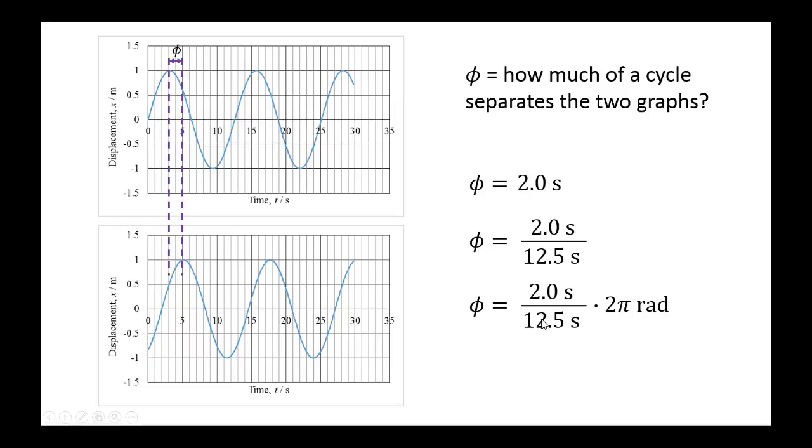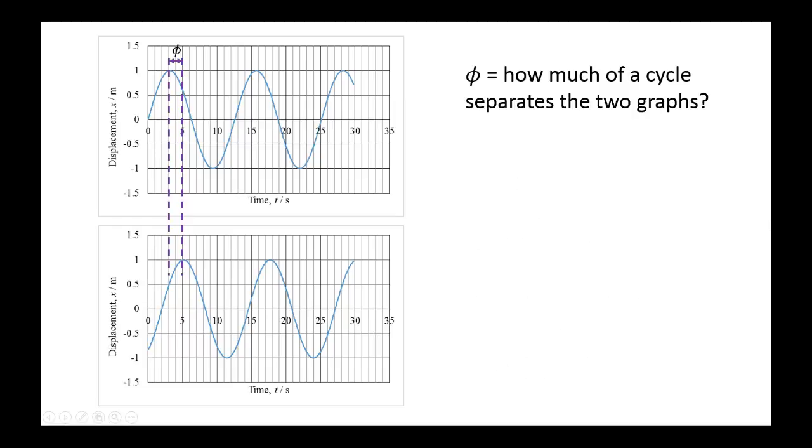If the phase difference were half a cycle, this would be 0.5, and half of 2 pi is pi radians. So you take your fraction, you multiply it by 2 pi as a way to reduce the 2 pi radians into whatever fraction we have here. When you calculate this out for the example here, you get about 1.0 radians.